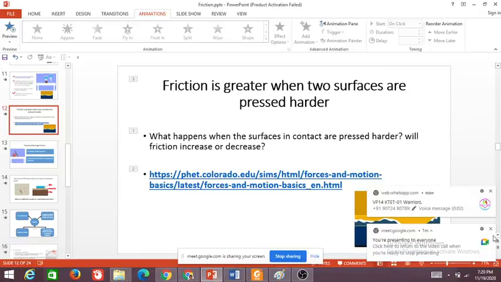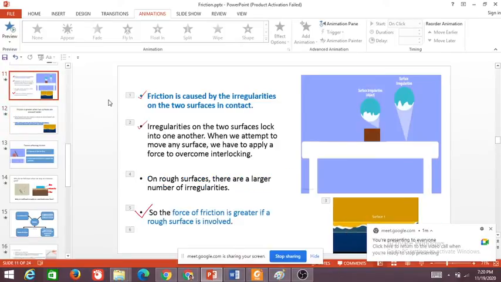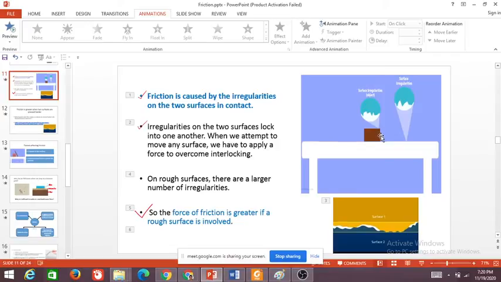So here, we were having a box on a table and we tried to push this box. Then after some time the box stopped. So friction is the force which was acting there. Friction depends on the irregularities on the surfaces. However smooth a surface may be, there will be small minute irregularities in that surface. So when the surfaces lock together, then friction acts.